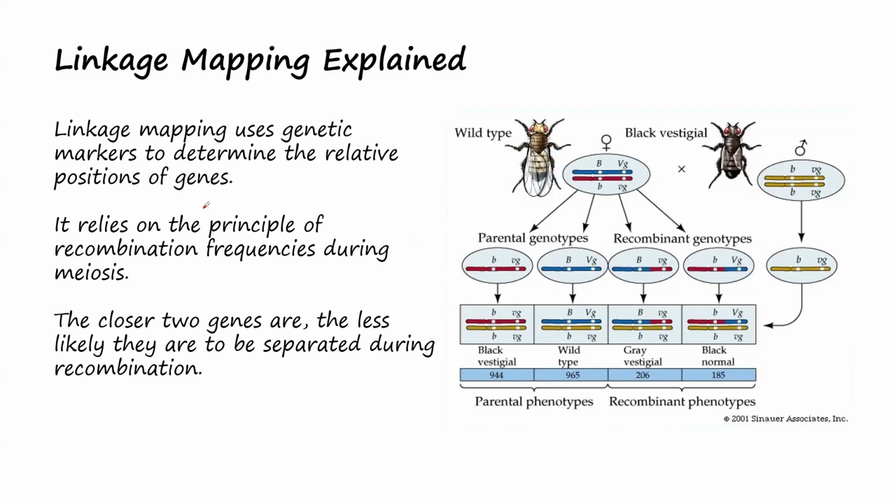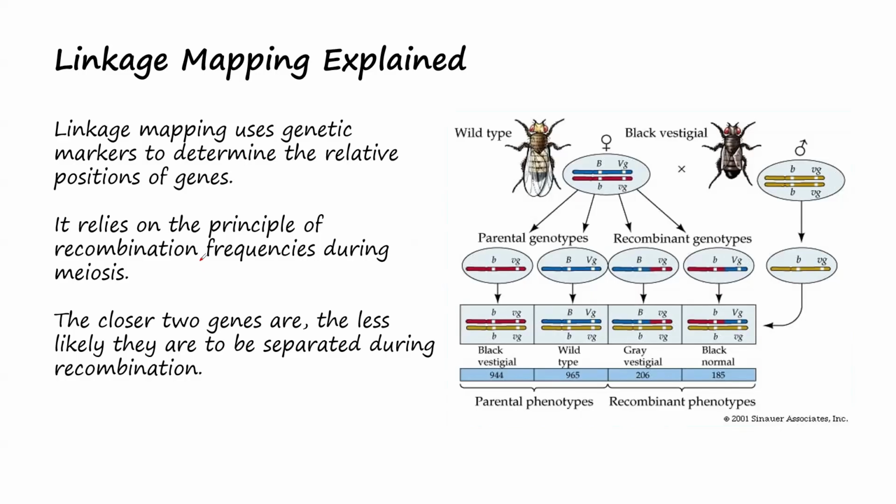It just gives relative positions. Linkage mapping relies on the principle of recombination frequencies during meiosis. The closer two genes are, the less likely they are to be separated during recombination.